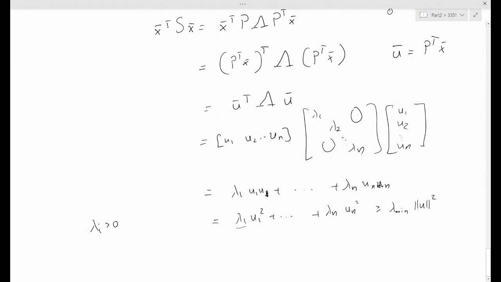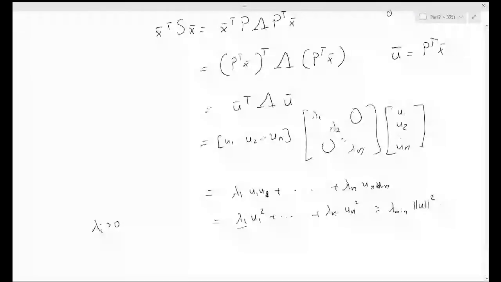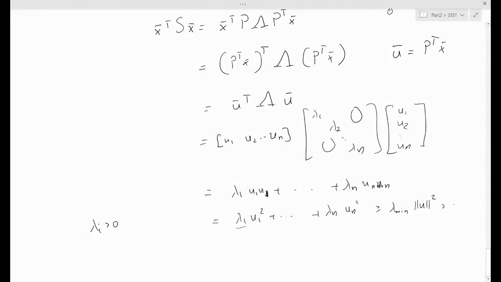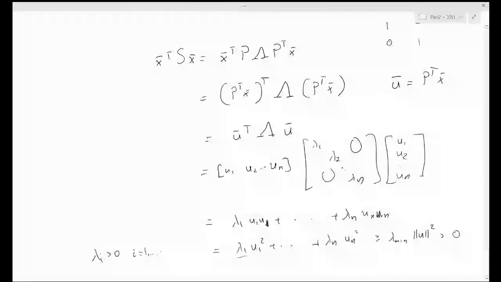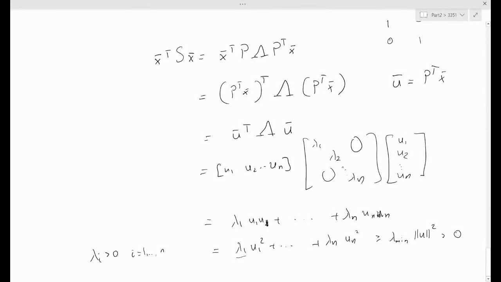So this kind of proves that if all the eigenvalues are positive, then if u is a non-zero vector, this will be positive as well. So if all the eigenvalues are positive, then your matrix is definitely positive definite.